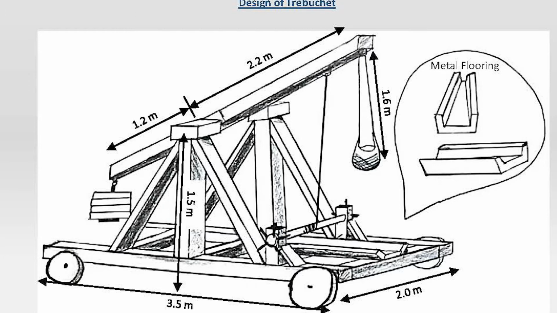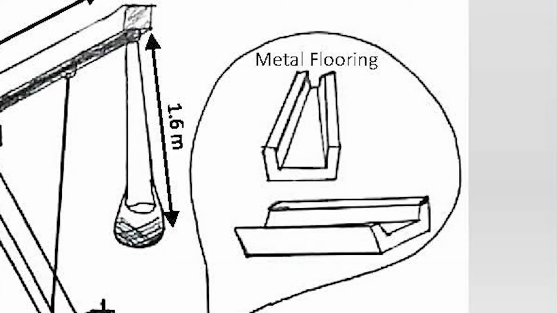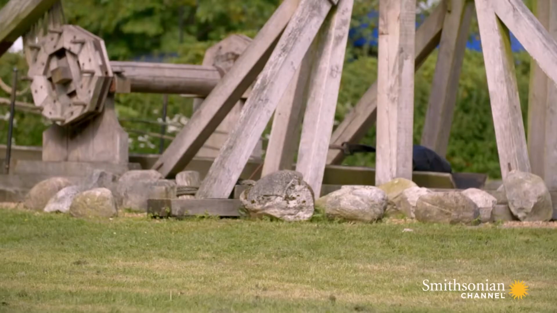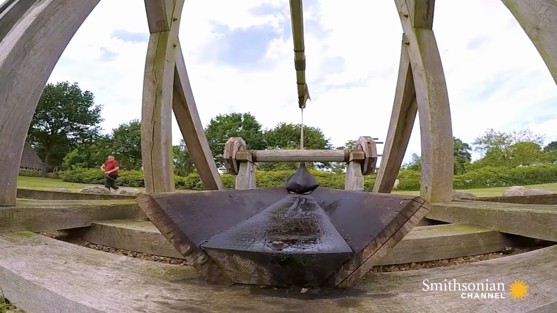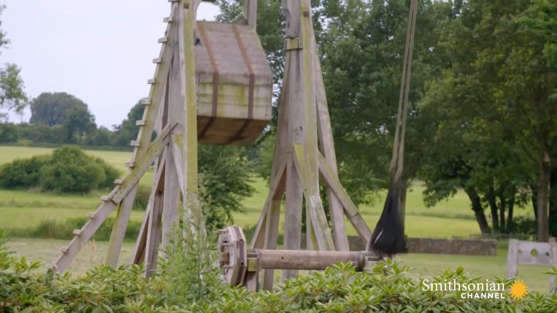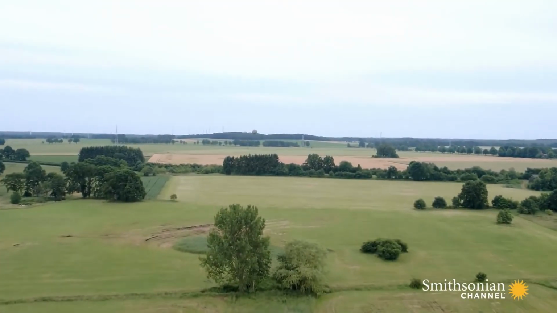And lastly, we have installed a metal flooring on the trebuchet platform, which is right under the long arm. When the lock is released and the long arm begins to travel up, the projectile will slide on the ground for a distance before it is lifted off the ground by a rope attached to the end of the long arm.